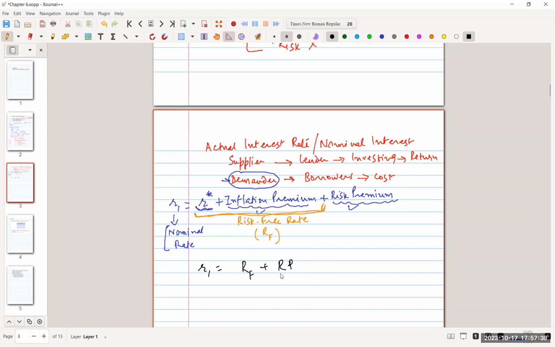Your authors in the textbook choose to write the risk premium as RP1.